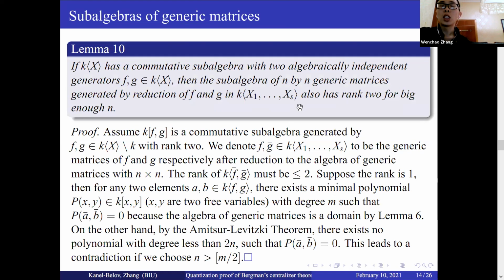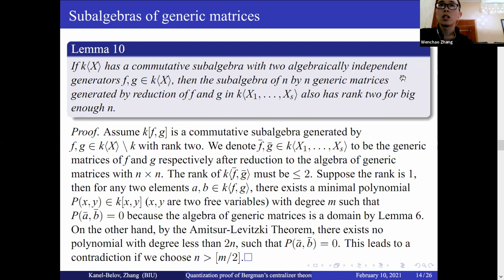So if we consider two commutative non-scalar elements of the free associative algebra, and suppose the rank is at least 2, it means that they are algebraically independent.